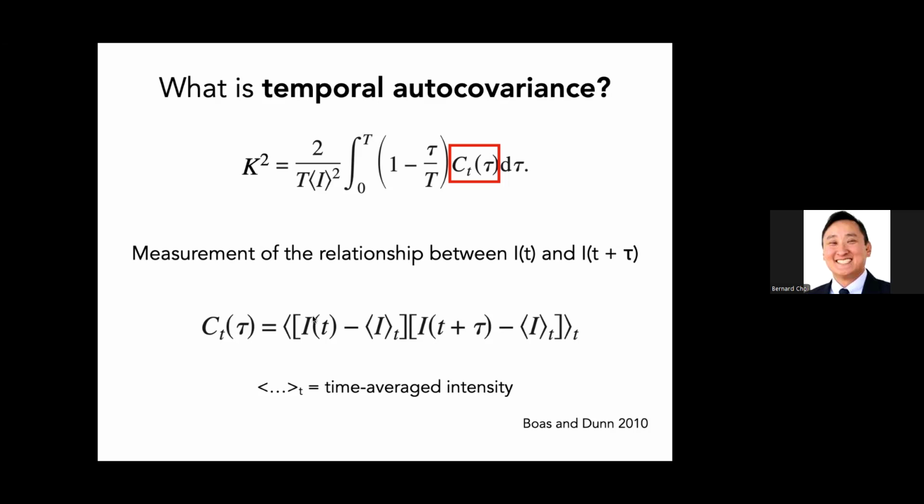Why don't we need one? We have a long coherence time. Oh, we do need a coherent light source. Yeah, in order to do this, you need a coherent source.